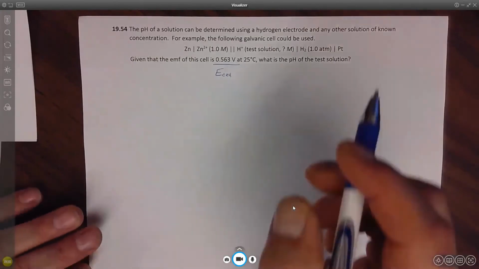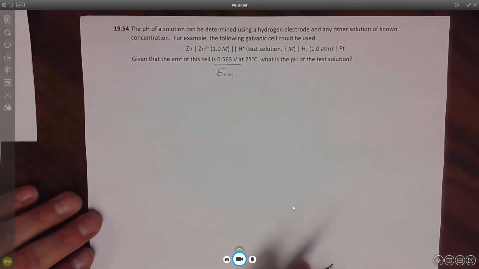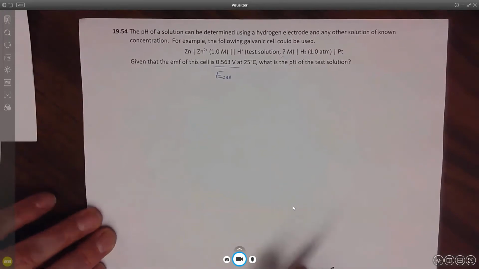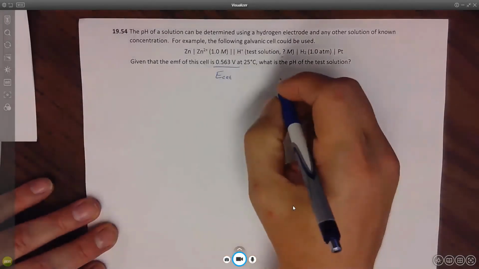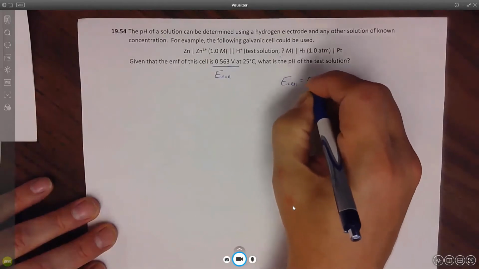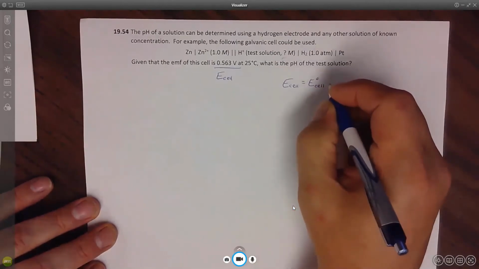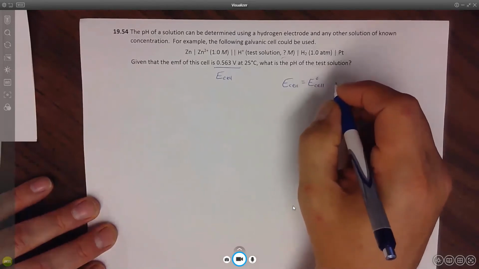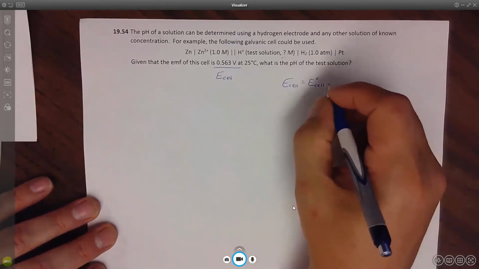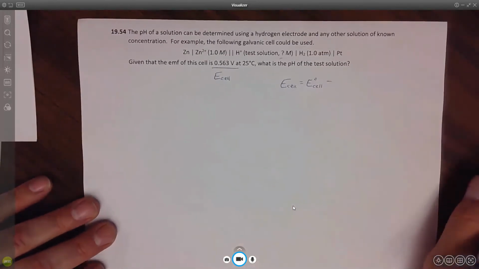So since we have non-standard conditions, we don't know the molarity. Of course, we're going to have to use the Nernst equation. The Nernst equation simply says that the E cell is related to the standard E cell, but we have to account for the non-equilibrium conditions. And of course, whenever we account for the non-equilibrium conditions, we're talking about the reaction quotient.